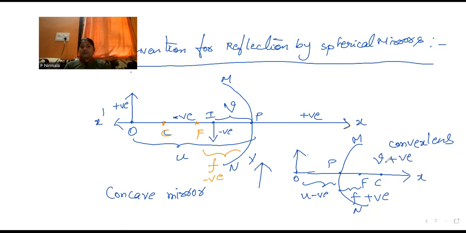I think you people understood. In the concave mirror we have 6 cases. In the first 5 cases the image distance is negative. Only the last case, where the object is kept between the focus point and the pole, has the image on the right side. So that is positive, only that case. Okay, now it is clear, I think.